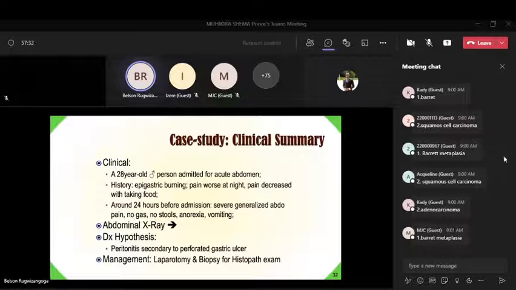So an abdominal X-ray was done, and the differential diagnosis was peritonitis secondary to perforated gastric ulcer. And you know that whenever there is peritonitis, for any reason, whenever there is something causing inflammation within the peritoneal cavity, the stomach and the intestines stop working.